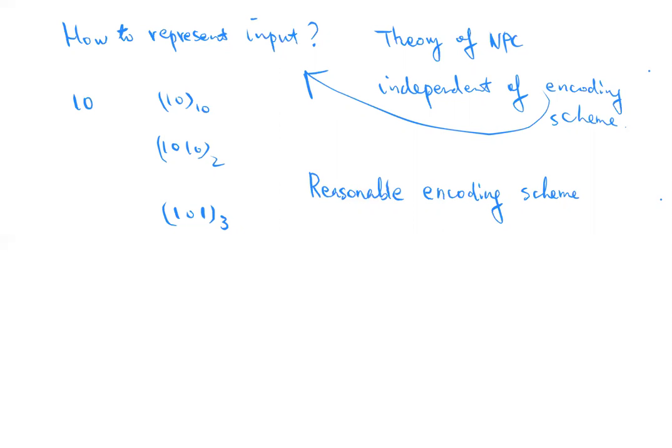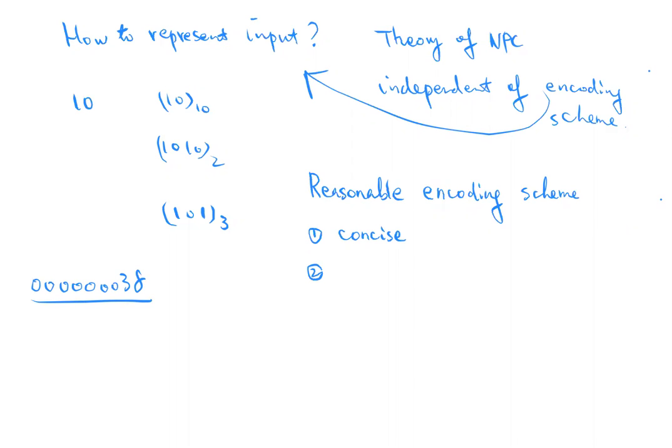So that means, first, reasonable means it's concise. We do not artificially enlarge the input. If the number is 38, we do not artificially make it longer by adding zeros, for example. That is padding, making it longer. All right. So that's called concise. The second thing is decoding.